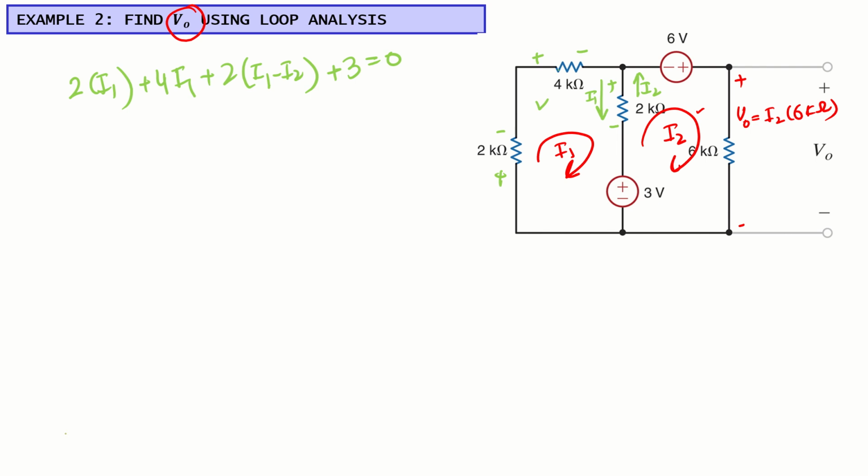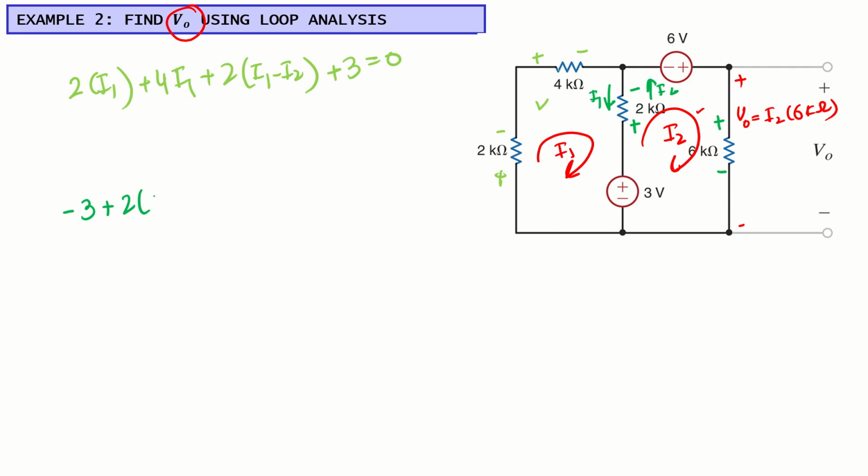Again, we just need to define the polarities based on the current. So for this case, this could be positive and negative. This is the voltage source, positive here and negative here. So we may start with the voltage source, that will be minus 3. Then plus 2 times, again two currents are flowing, I2 and I1.